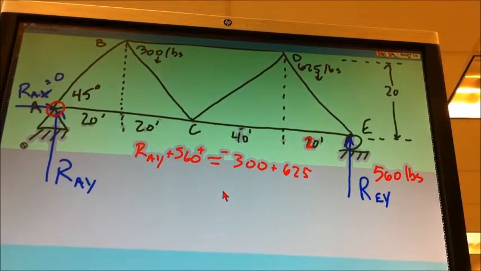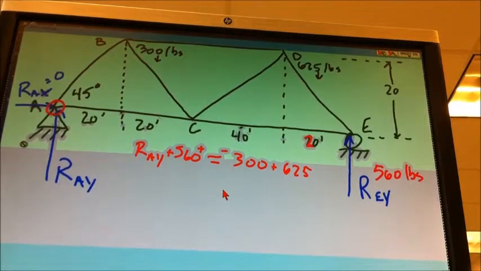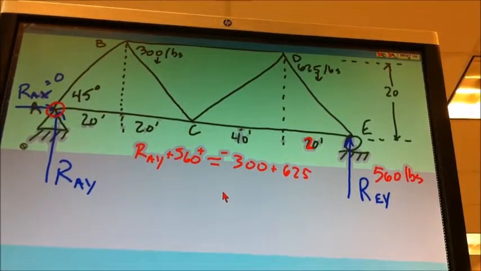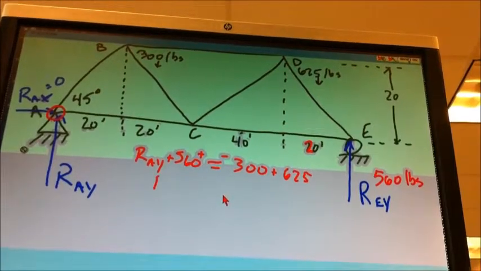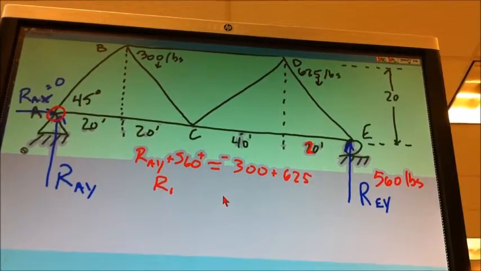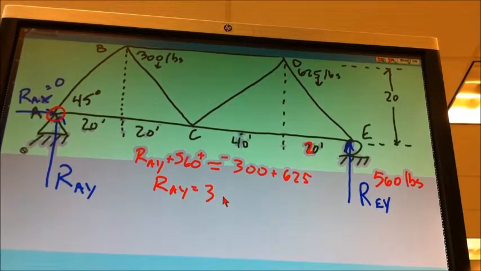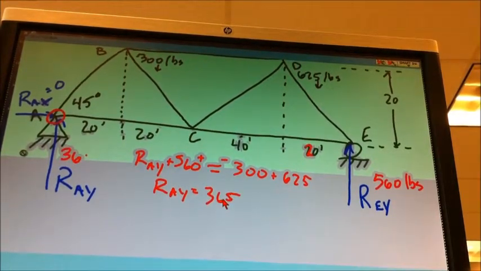We can solve for RAY. It's the difference, whatever's holding up. And for that you should get negative 365. It's definitely going to be negative.